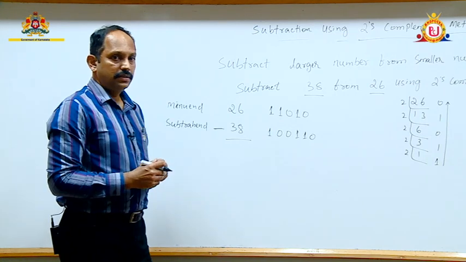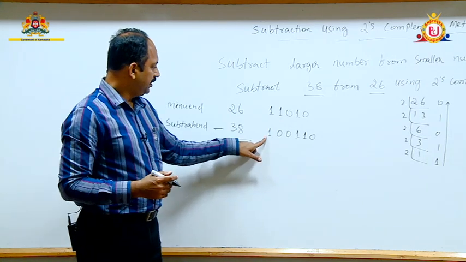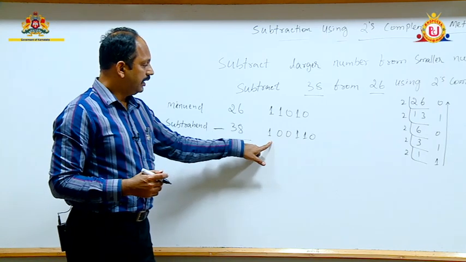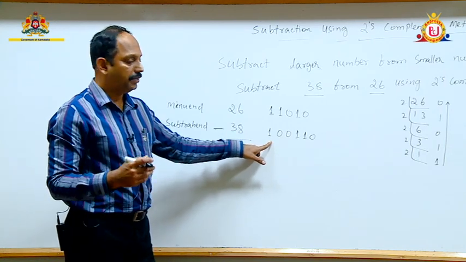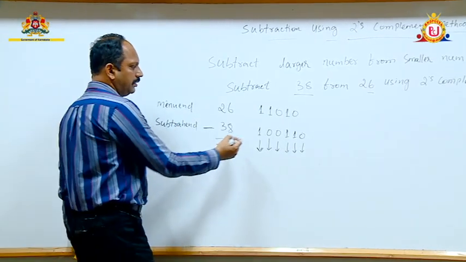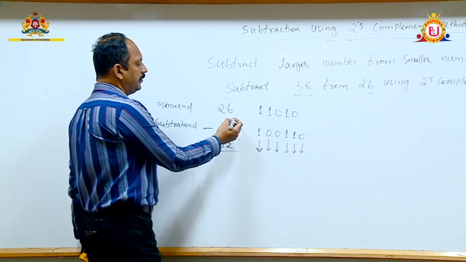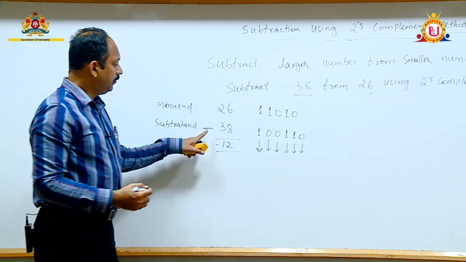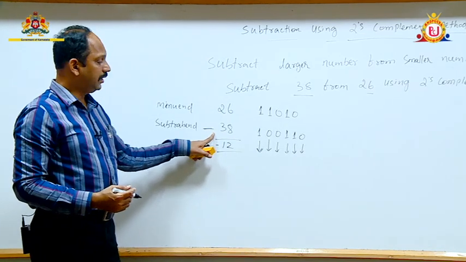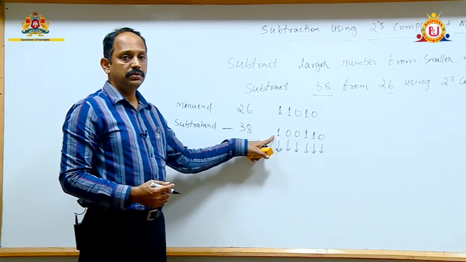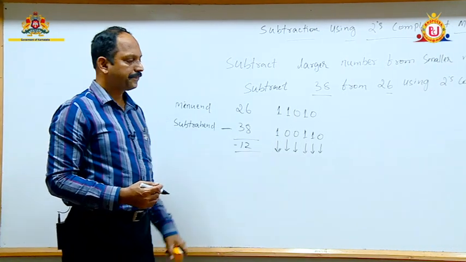What is next? Next, the negative value in this example is 38. Take the 38, find the 2's complement of this binary number. Okay students, we have written the binary equivalent values of 26 and 38 respectively. Now we have to take the negative value, the binary number, and obtain the 2's complement of this number.